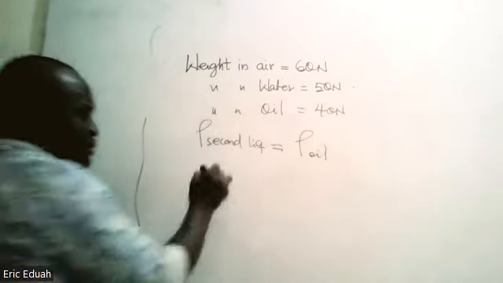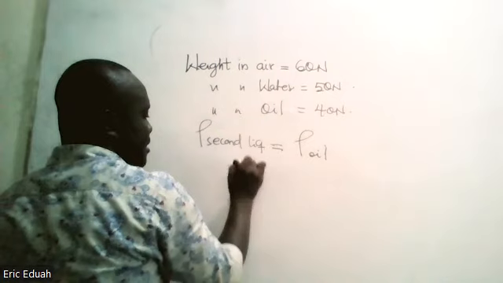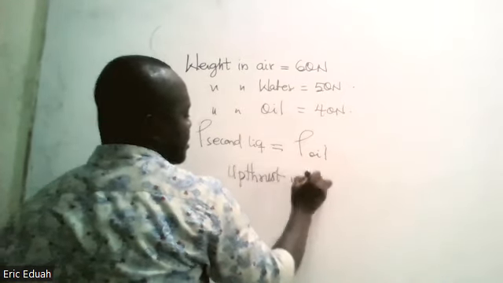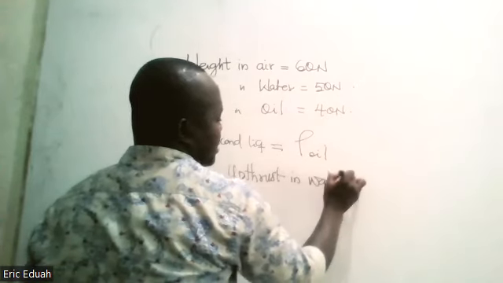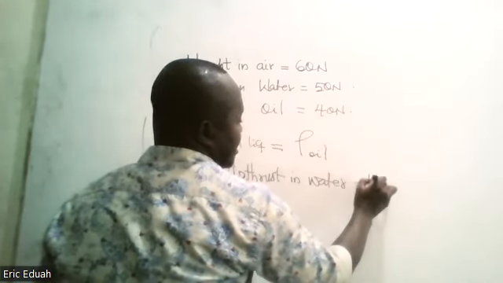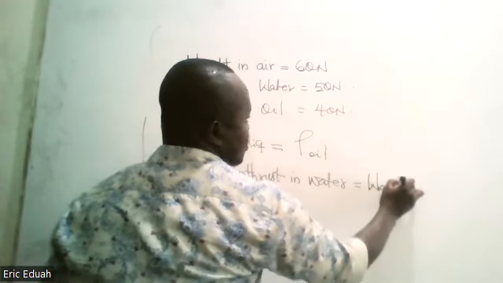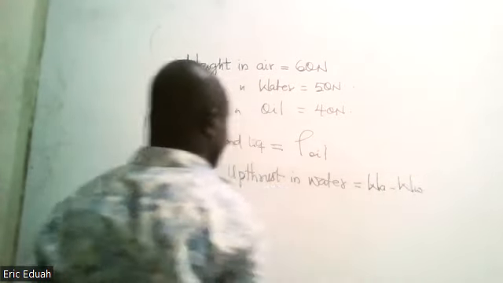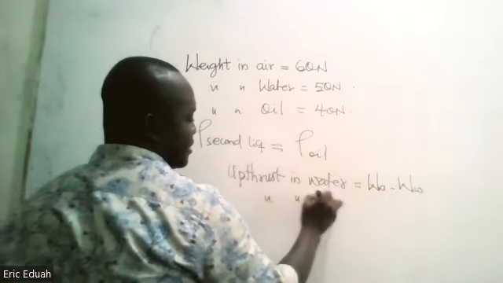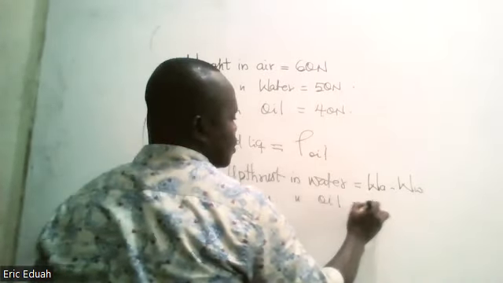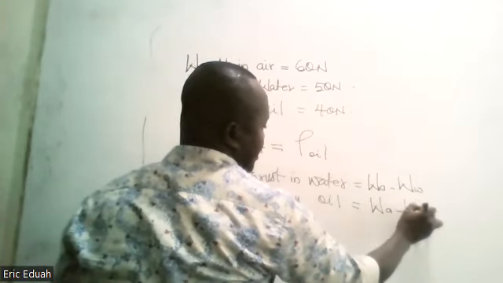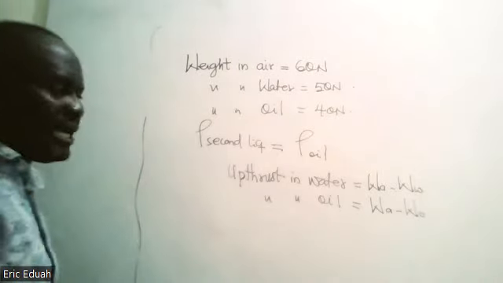We can find the upthrust in water, which will be equal to the weight in air minus weight in water. We can also find the upthrust in oil, which is also weight in air minus weight in oil. Are we there?